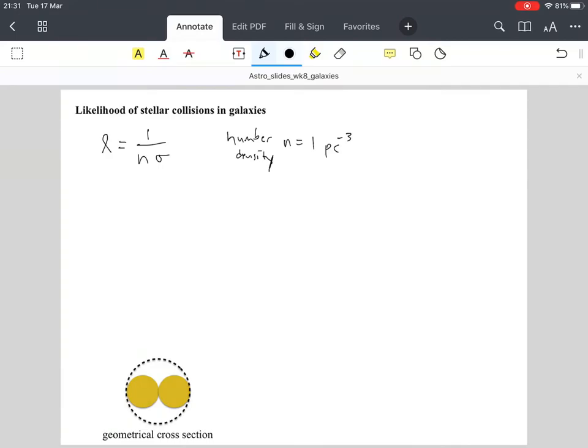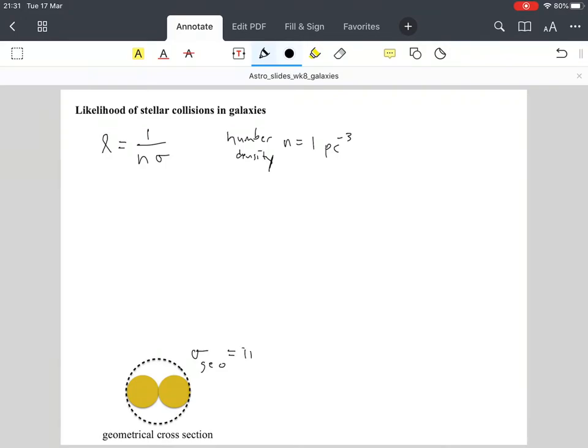And for them to collide, the furthest apart they can be is when they're just barely touching on their edges, and they each have a radius of r. We're simplifying, they have the same radius. So this dashed line then is the total area where they would just barely collide. And this cross-section area we're going to call sigma, and this is the geometrical one.